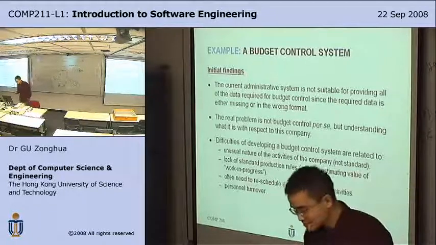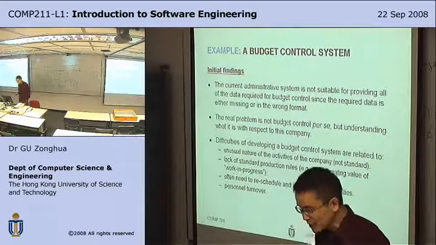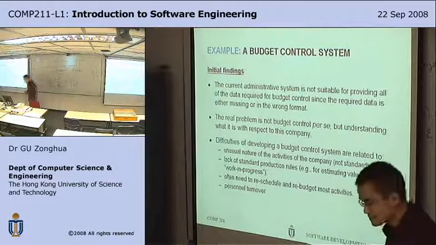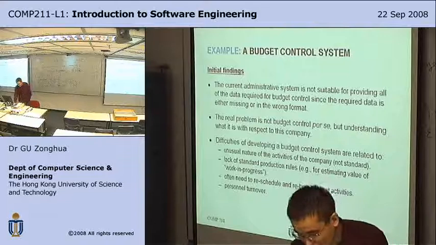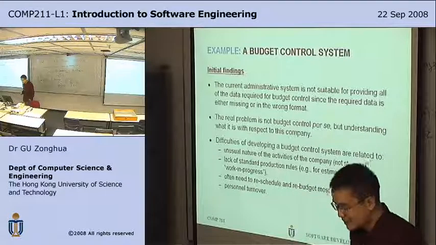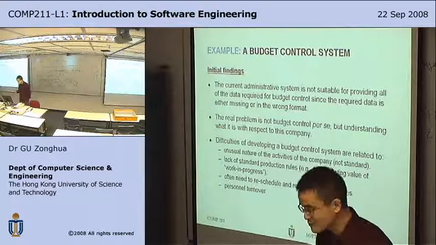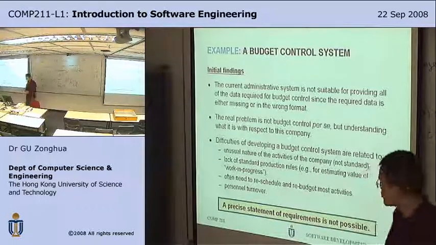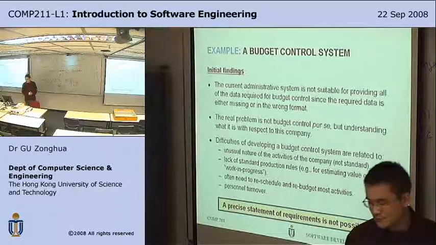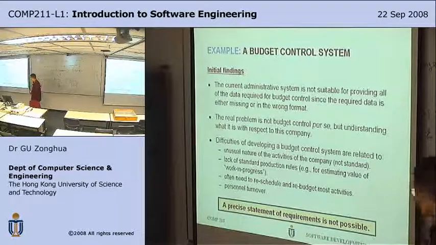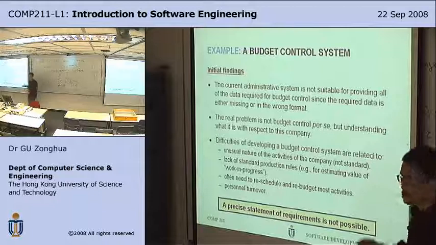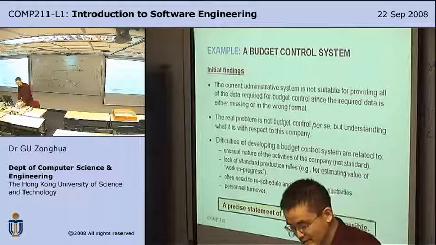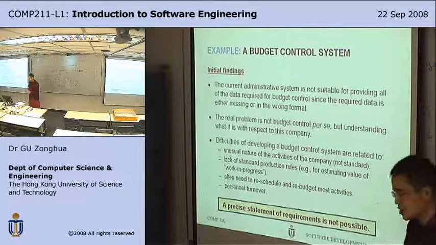You often need to reschedule and rebudget most activities as you go along. And there is personnel turnover, that is, new people come in and old engineers leave, so you need to redo the budget. Therefore, due to all these problems, a precise statement of requirements is not possible. What does this tell you? It tells you that you cannot use waterfall, because waterfall is a one-way process. You must have precise requirements before everything else starts.